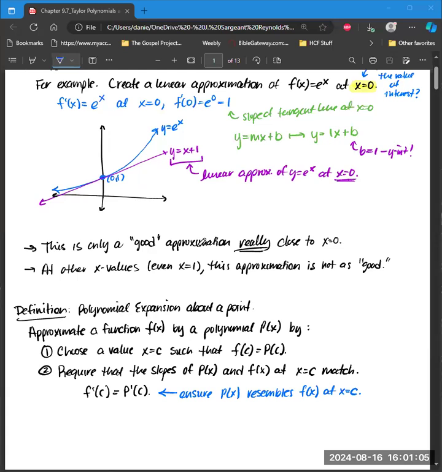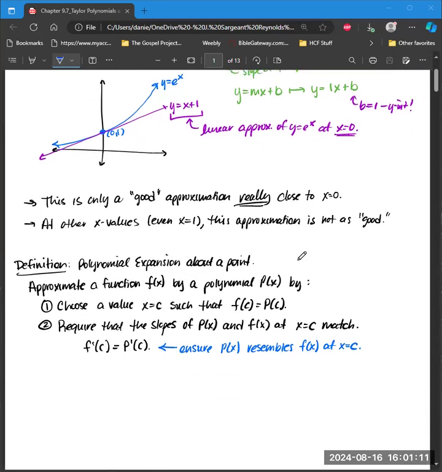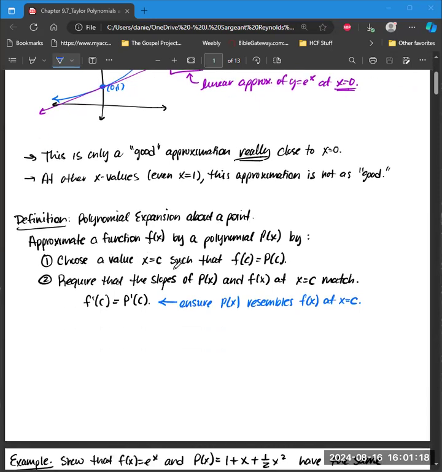So a polynomial expansion about a point. You can approximate a function f of x by a polynomial p of x when you choose a value x equals c such that f of c is equal to p of c, and require that the slopes of p of x and f of x at c match. F prime of c needs to be equal to p prime at c.